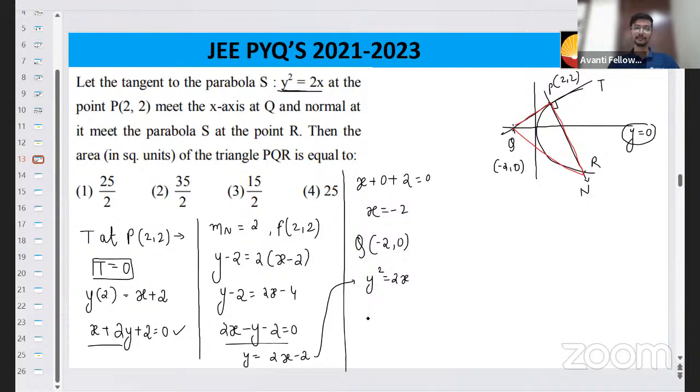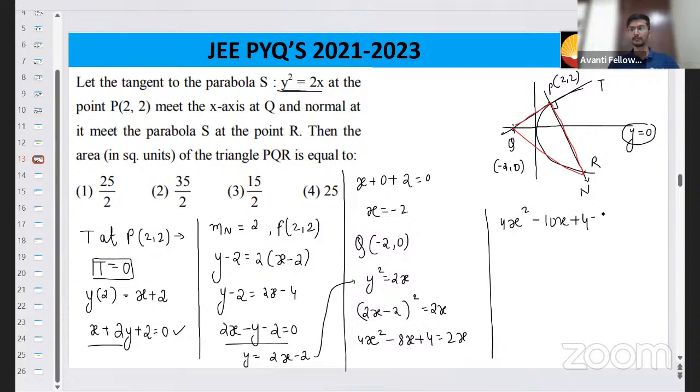So we'll get 2x minus 2, the whole square, equals 2x. So we can open the brackets here. A square minus 2ab plus b square, so 4x square minus 8x plus 4 equals 2x. If we rearrange, it's a quadratic, which is 4x square minus 10x plus 4 equals 0.